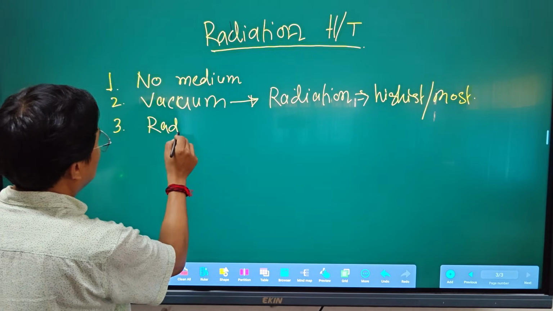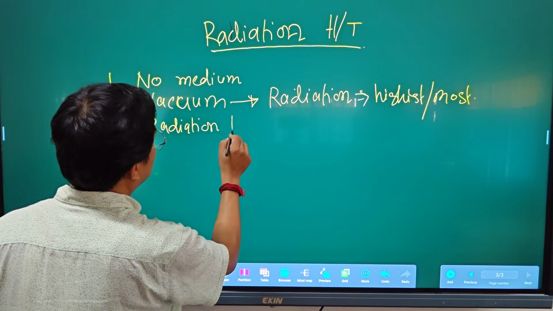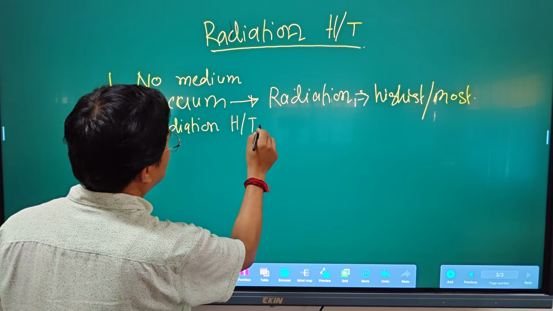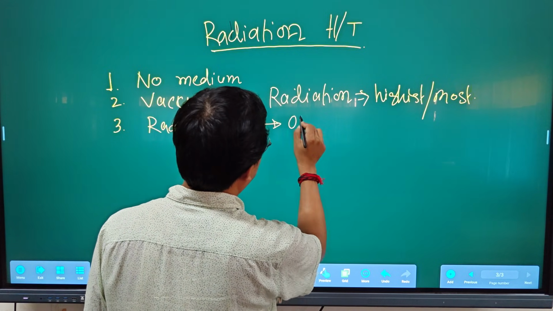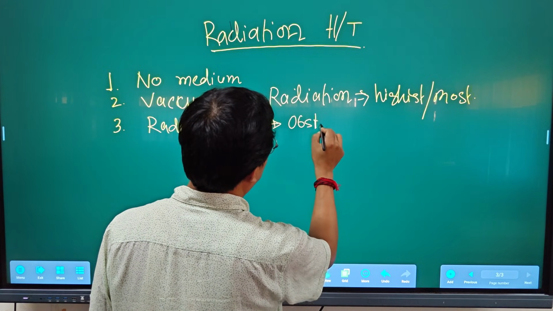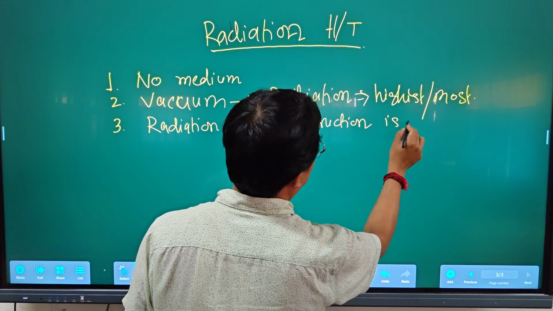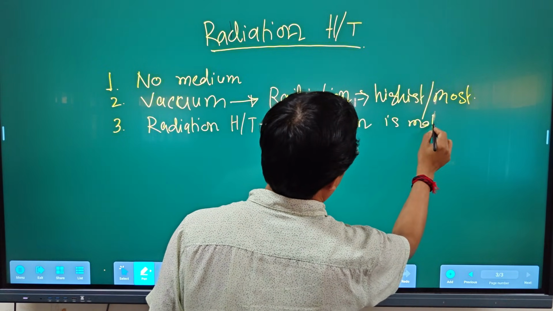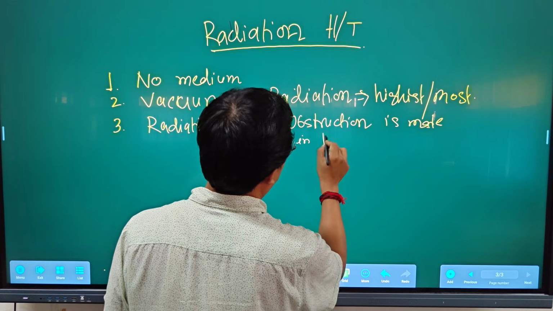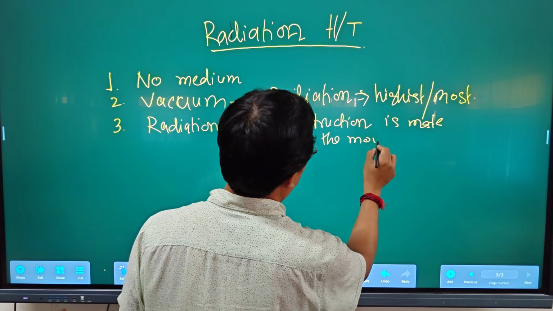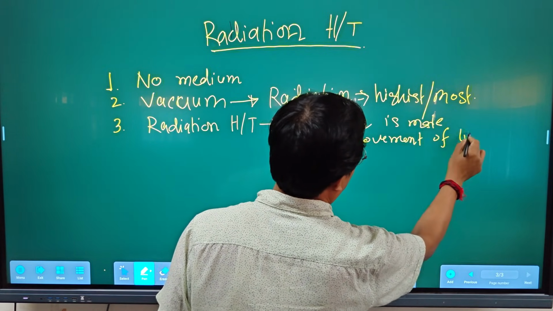Radiation heat transfer will occur only when an obstruction is made in the movement of light waves.